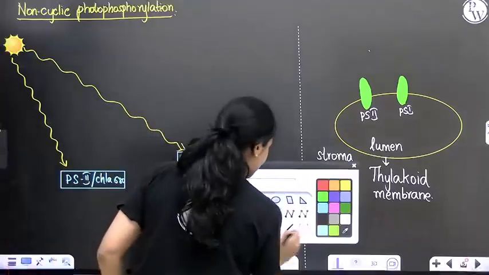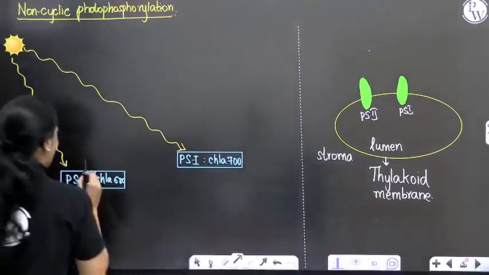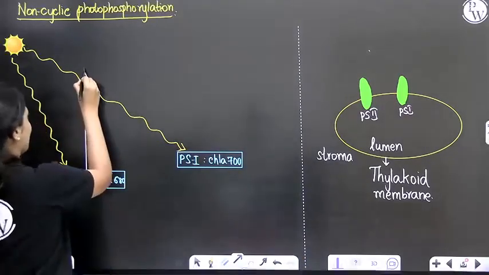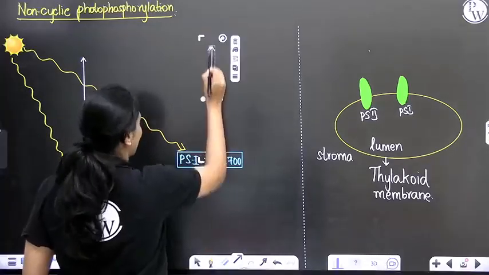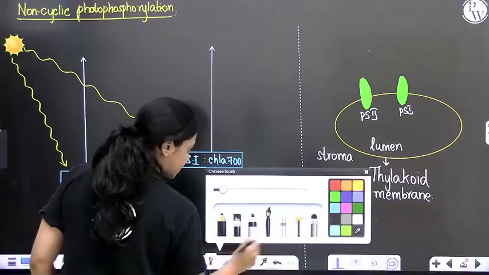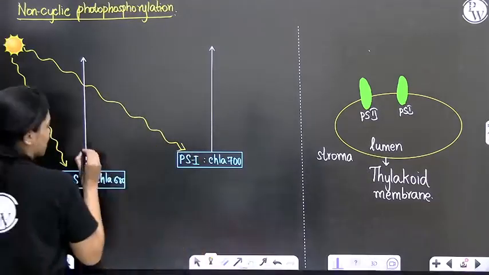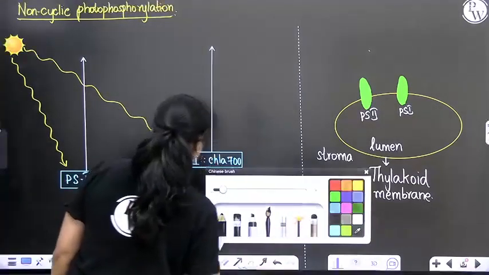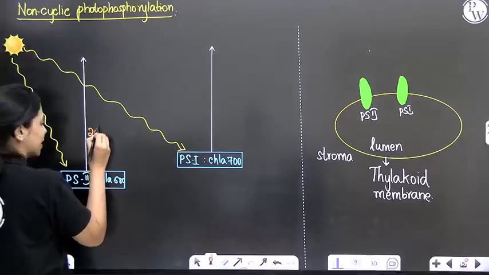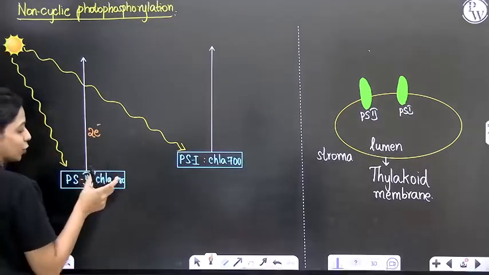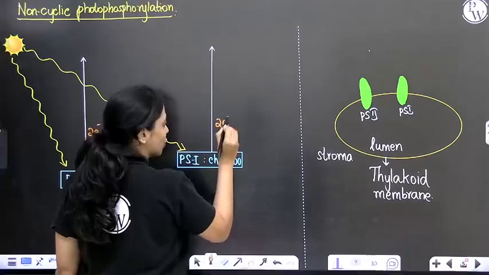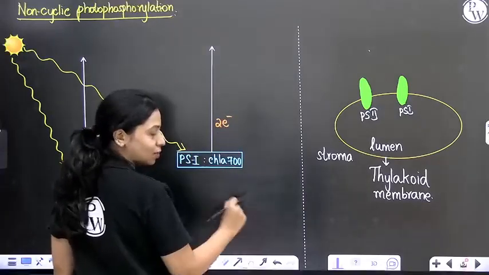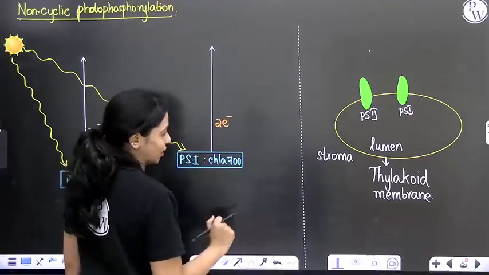So you can say 2 electrons from each will get excited and get accepted by an electron acceptor. Okay, so there are 2 electrons that are lost from the magnesium of chlorophyll A680. There are 2 electrons that are lost from the magnesium of chlorophyll A700.